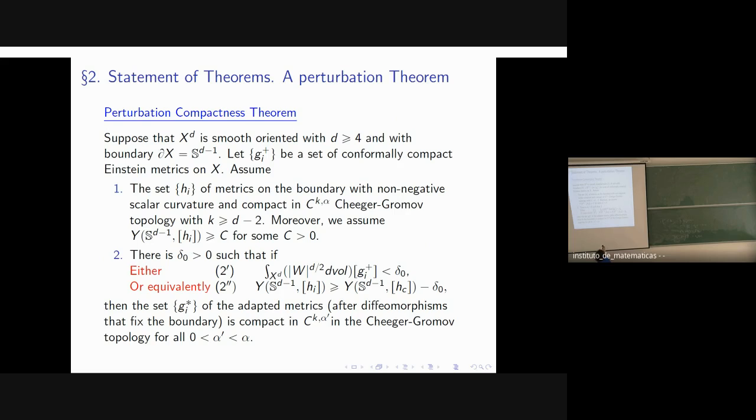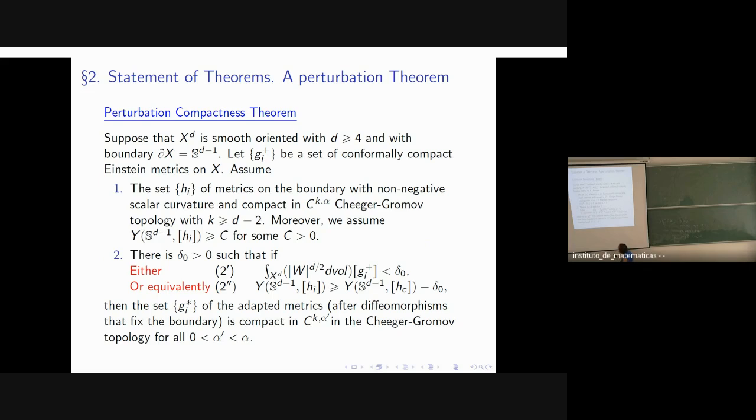So we assume on the boundary we have a class of metrics which is a compact family in a suitable C^{k,alpha} topology. And we assume these h_i, for example, have scalar curvature bounded from below, or Yamabe constant bounded from below. I always assume that.